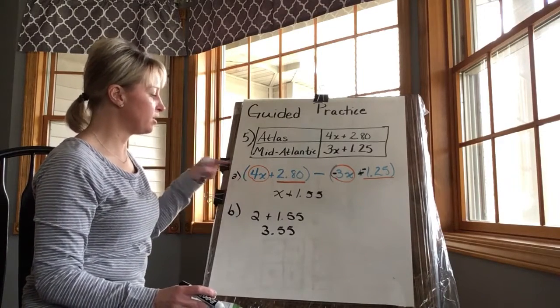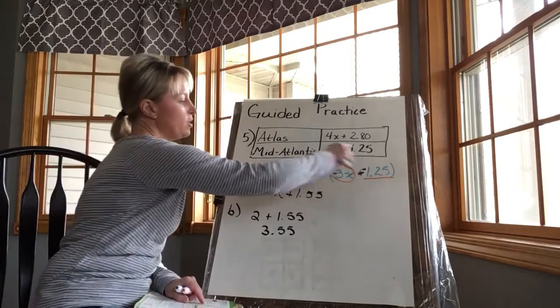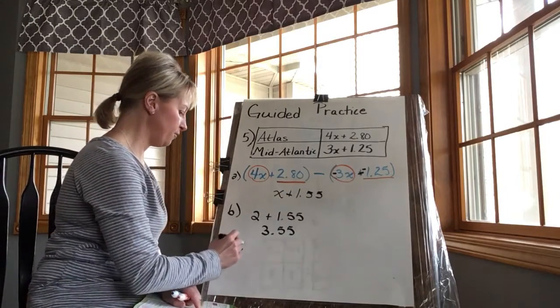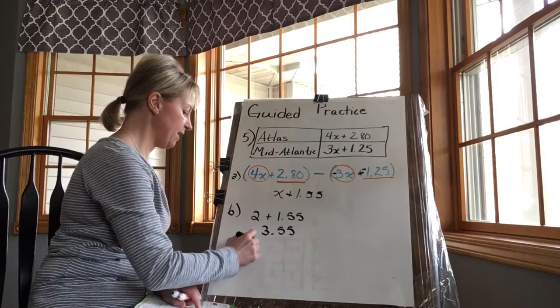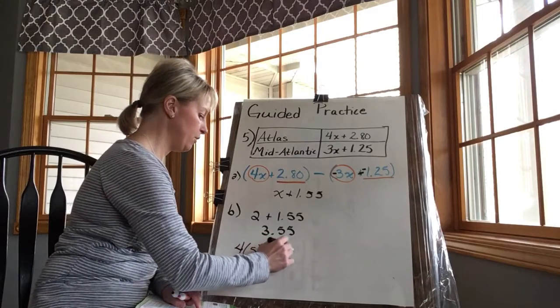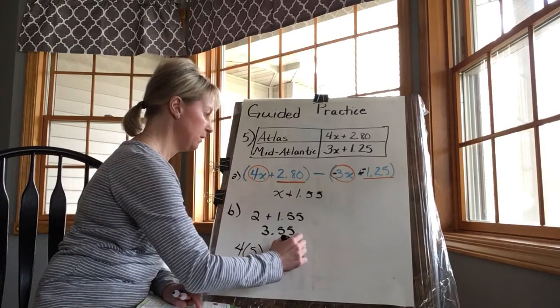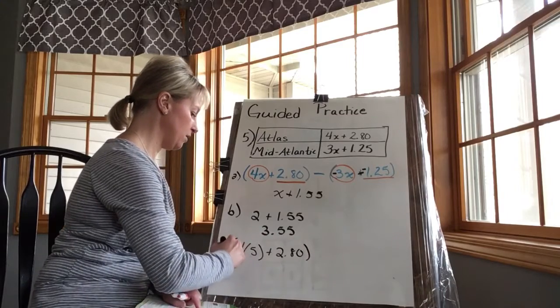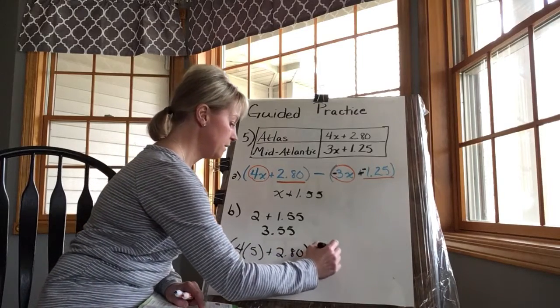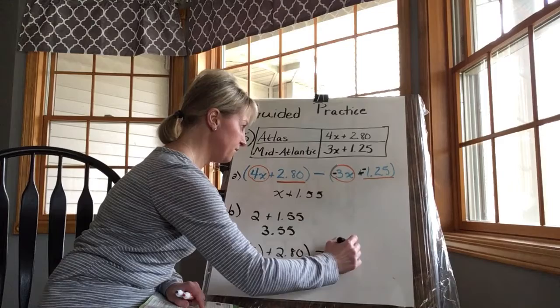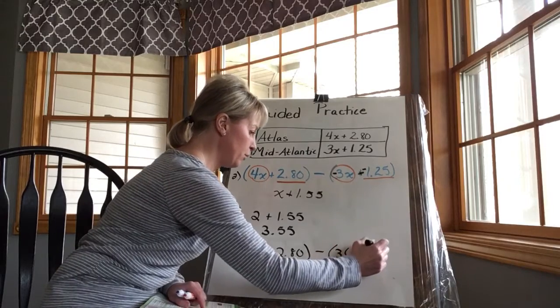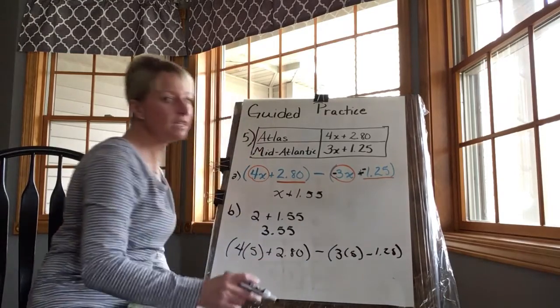Some of you might have gone up to the original problem, this original equation, and did 4 times 5 plus 2.8, that's all in parentheses, minus 3 times 5 minus 1.25. If you did that, that's fine.